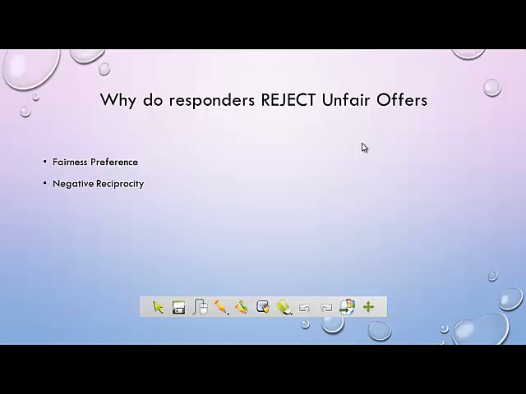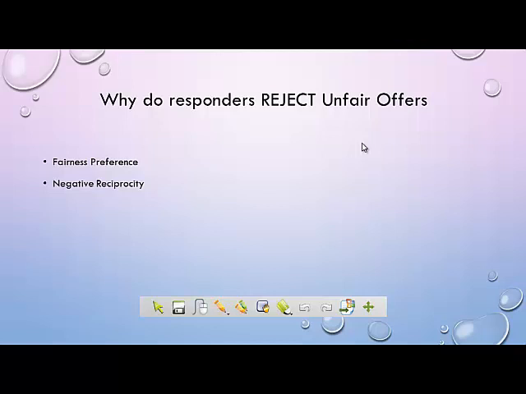Reciprocity means if somebody does something good to you, you do something good in return, and if somebody does something bad to you, then you do something bad in return. So negative reciprocity is, as this person said, that she did some harm to him by treating him unfairly. So he got his revenge on her by denying her 950, even though he had to give up his own 50.